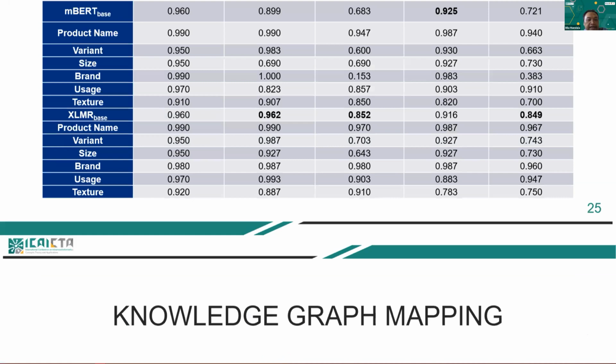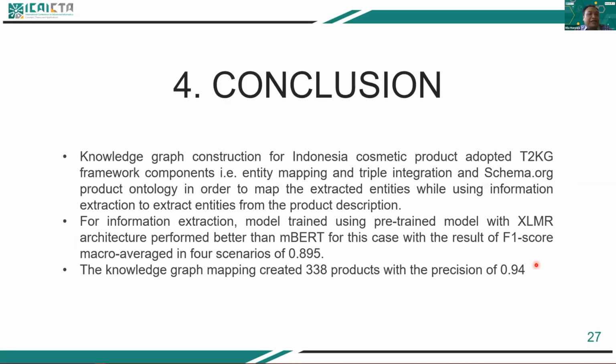I have questions regarding your research. You said that the knowledge graph map that you created has a precision of 0.94. My question is, why do you use only precision? Why don't you use recall, for example? You know that precision can be very high but recall can be very low. We can always increase precision but make recall lower, or vice versa. So it is quite tricky.